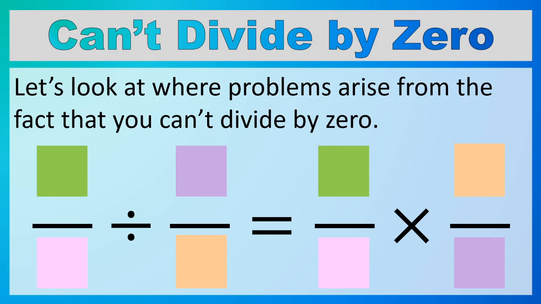Let's further talk about the last case where the orange is 0. And here we have on the slide this idea of keep, change, and flip, which works for all cases except if you run into a case of divide by 0, which you cannot do. So here is keep, here is change, and here is flip. Now let's let the orange be 0. Here we have on the right side a fraction where the numerator is 0 and the denominator is something but 0.